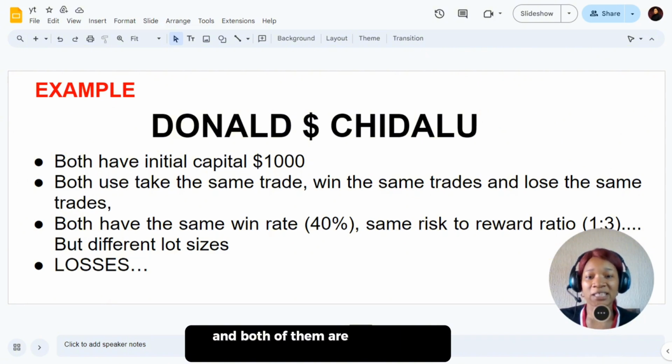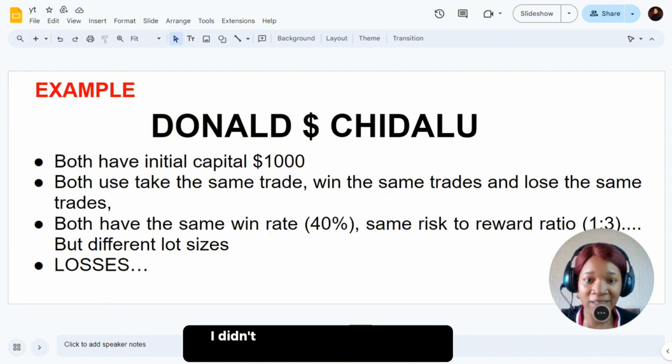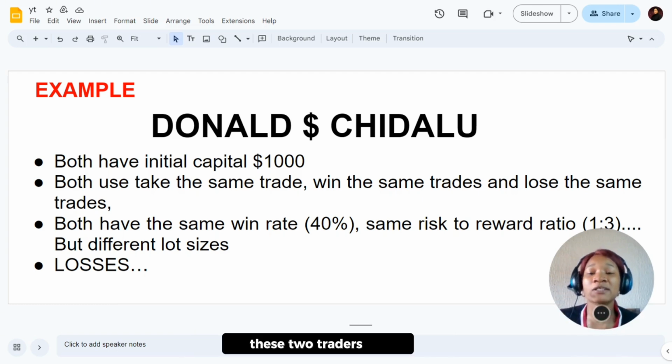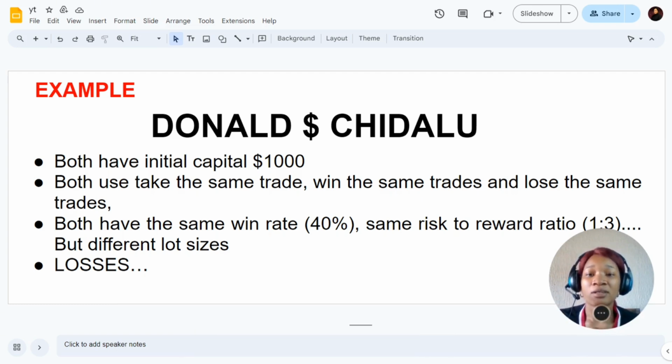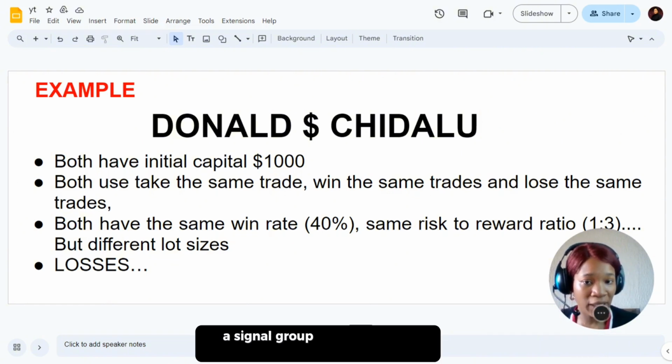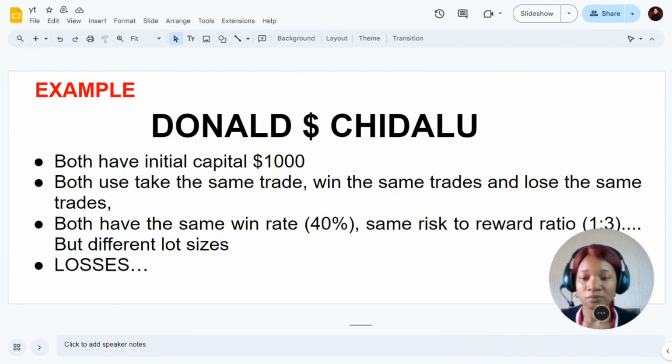I didn't say you should depend 100% on signals, but for this instance, I'm just saying these two traders are solely getting their trades from a signal group that they both subscribe to.